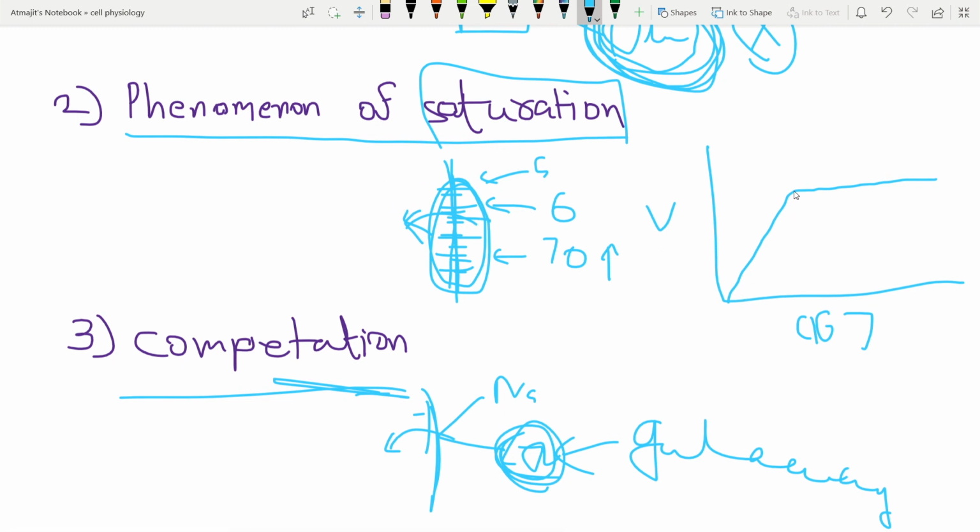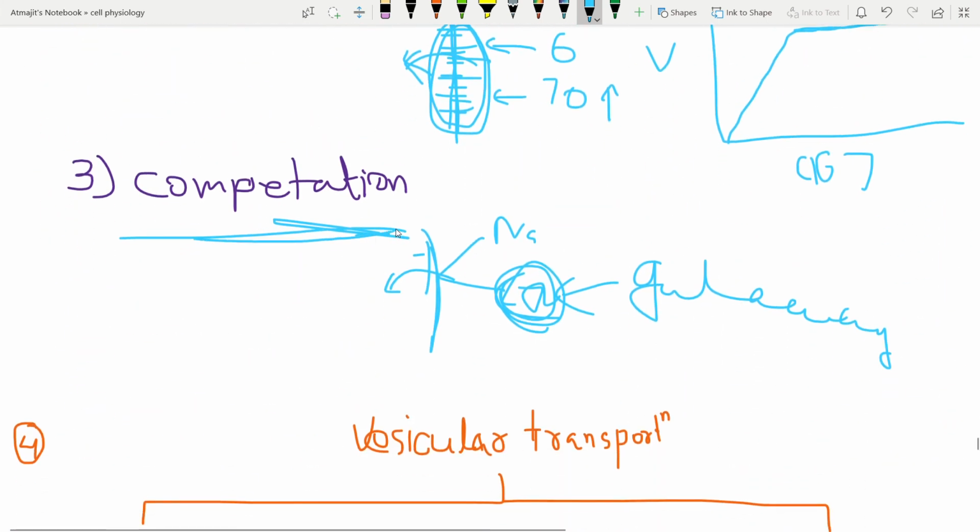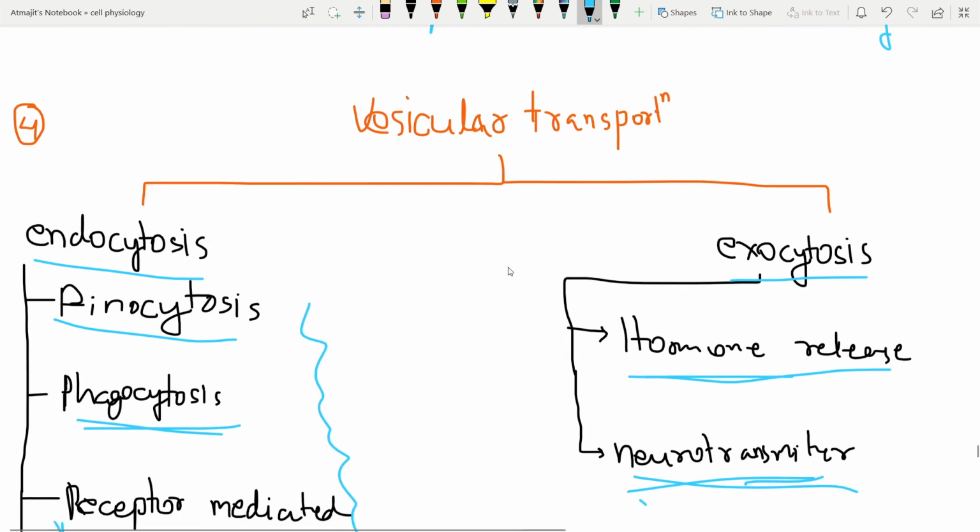After some time, it will form a straight line in the graph, showing that the velocity cannot increase further. Competition: if a substance like glucose competes with glucose to bind to the sodium glucose symporter. And vesicular transportation, endocytosis and exocytosis.